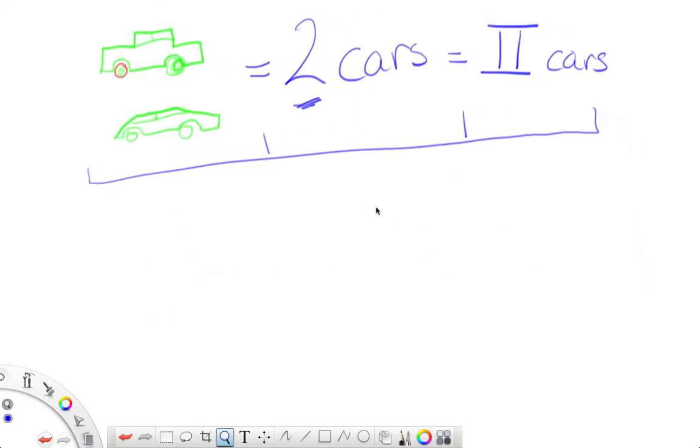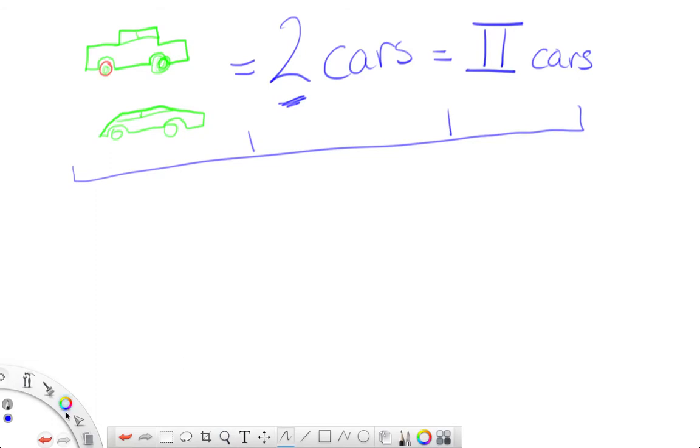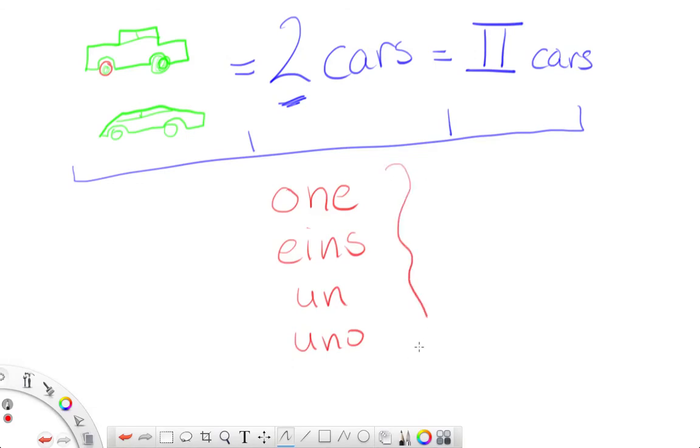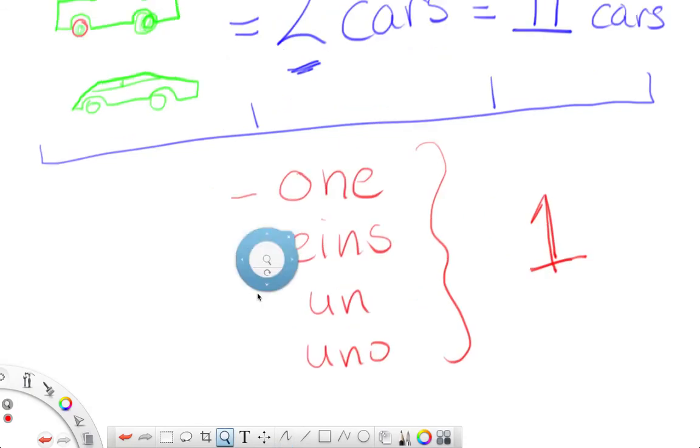Another example is you could write it in different languages. So if I want to write the number 1 in English, I can represent the number 1 by using that word. In German, I would write that. In French, in Italian, etc. All representations of the number 1 or the value 1. So I could use this, or this.